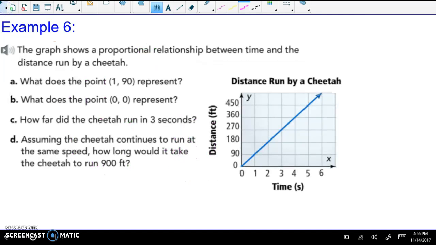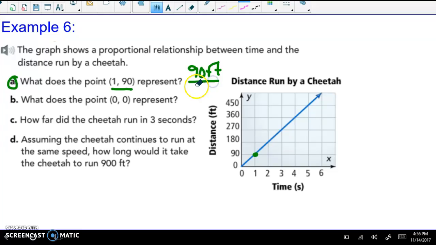All right, so let's check out this proportional relationship between time and the distance run by a cheetah. So part A, what does the point 1, 90 represent? So on my graph, I'm going to start at the origin. I'm going over 1 and up 90. So this tells me that the cheetah is running 90 feet per 1 second because time on my x-axis is measured in seconds.